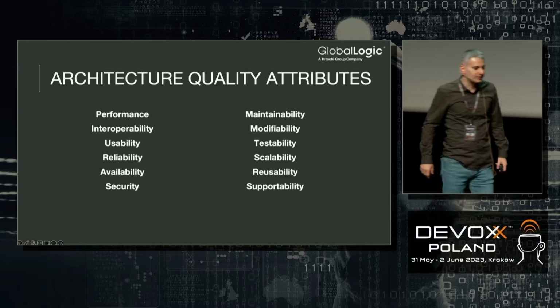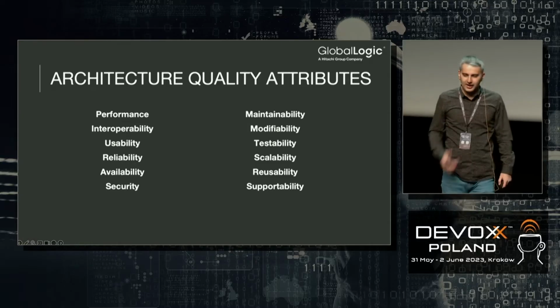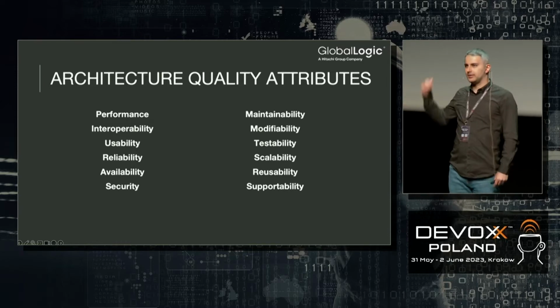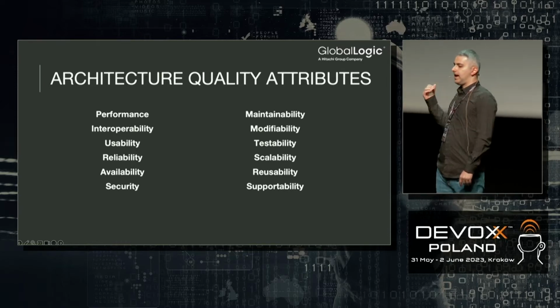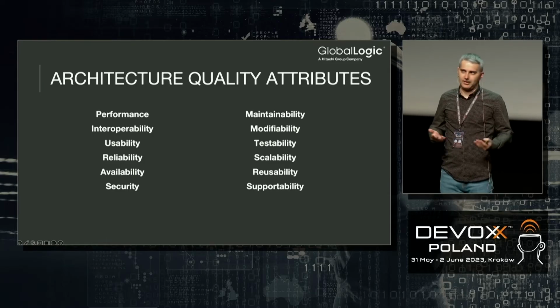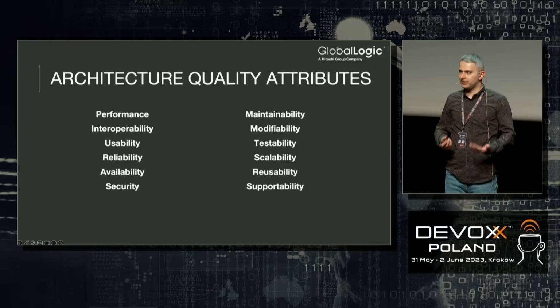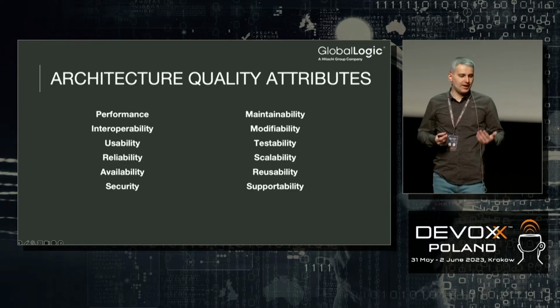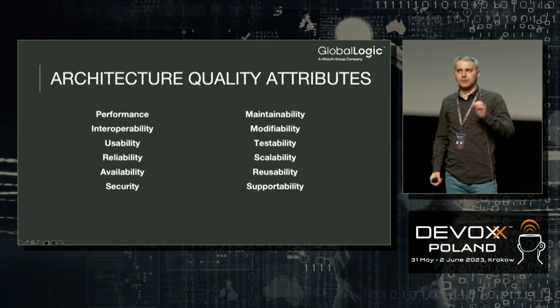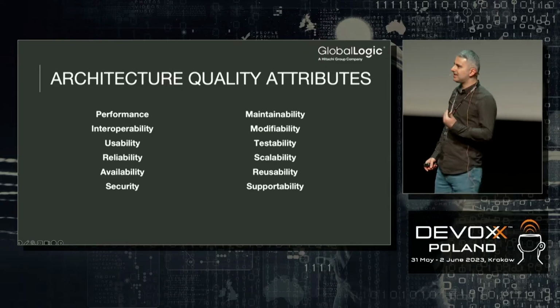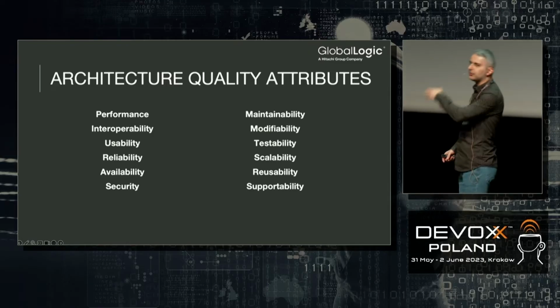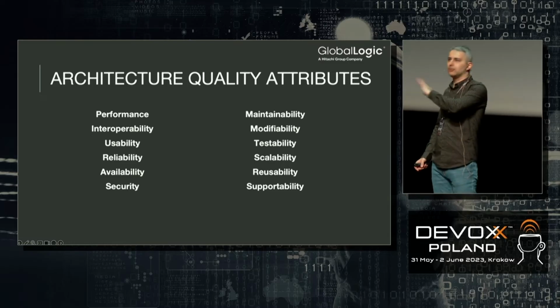So any word, basically. But there are 12 standard ones. And usually, as you know from books or maybe from your own work, we pick 3 or 4 major attributes as priority attributes. Any designed system will have all of these properties.